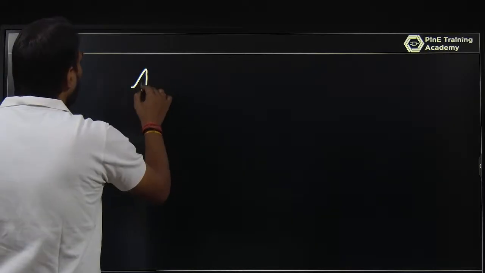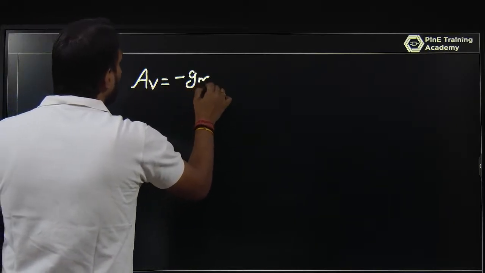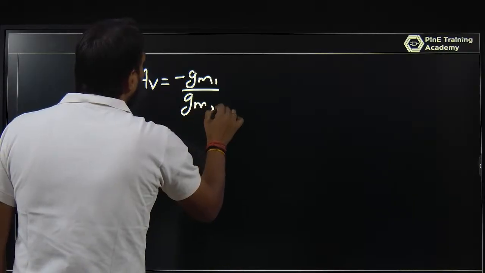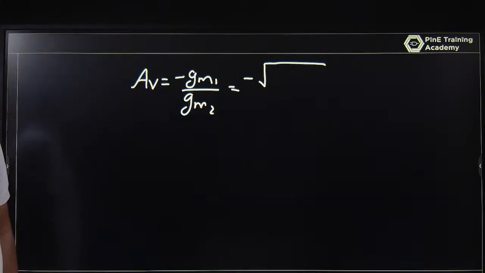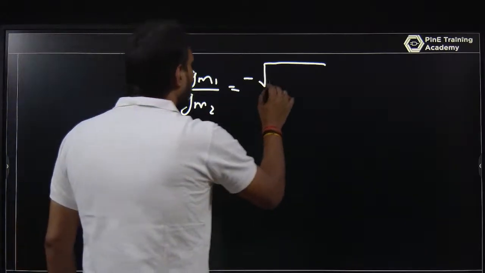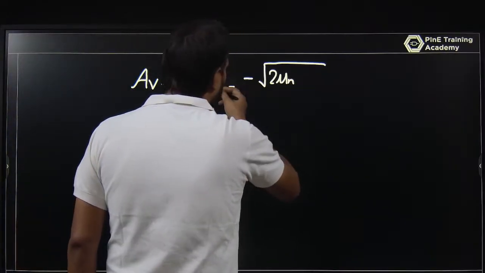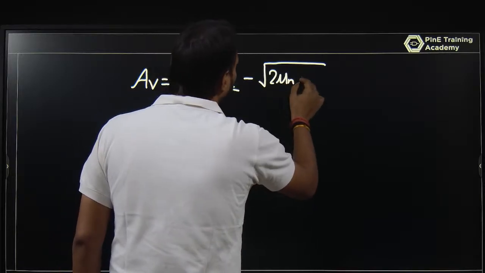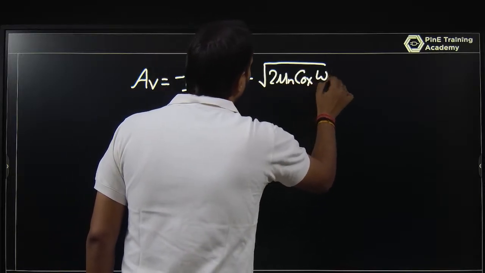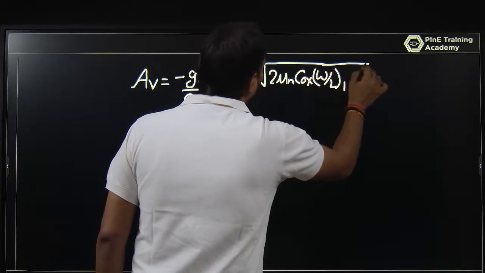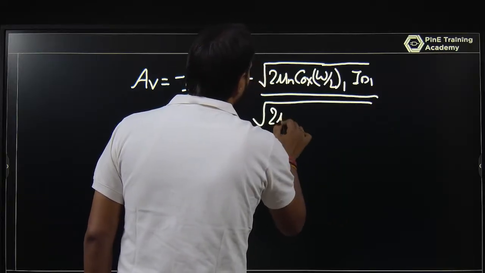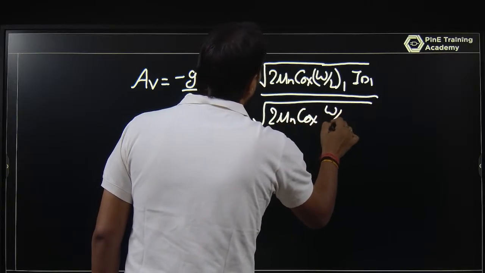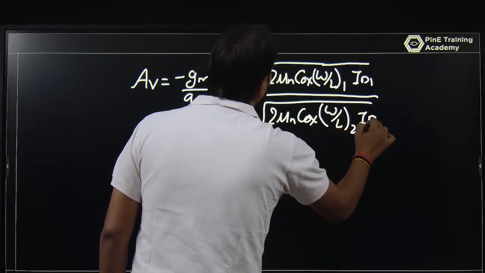That is Av equal to minus gm1 upon gm2, and this is also equal to the square root of 2 mu n Cox W by L of 1 into ID, because M1 is an N type MOSFET, divided by the square root of 2 mu n Cox W by L of 2 into ID.